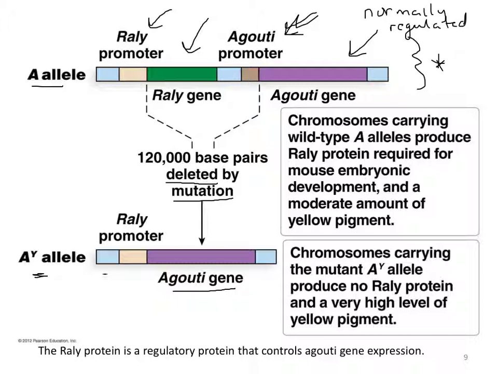So now the rally promoter is actually hooked up to the agouti gene. And the problem here is that in this scenario, the agouti gene is expressed constitutively, or all the time. Full, constant expression.